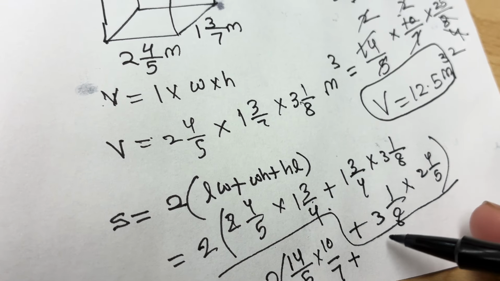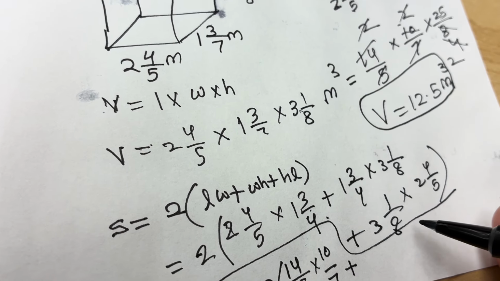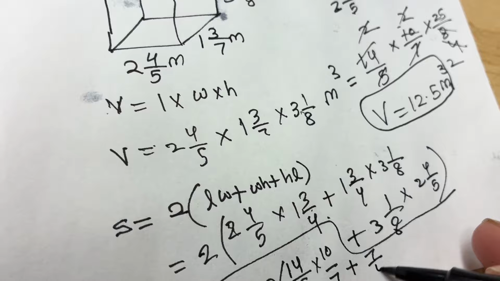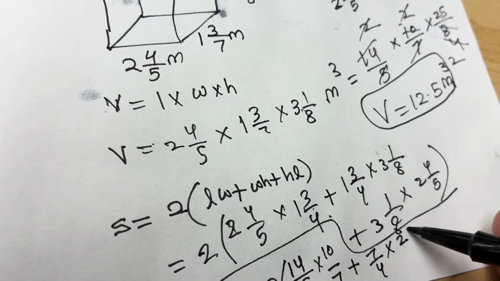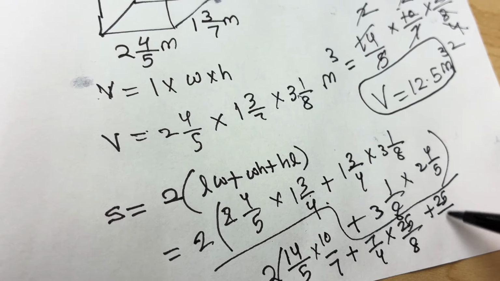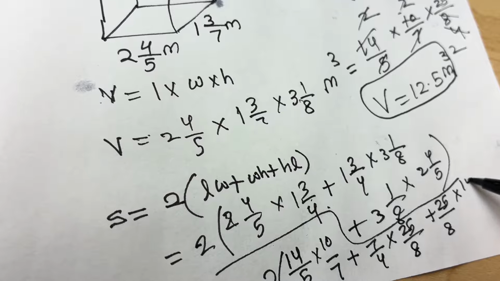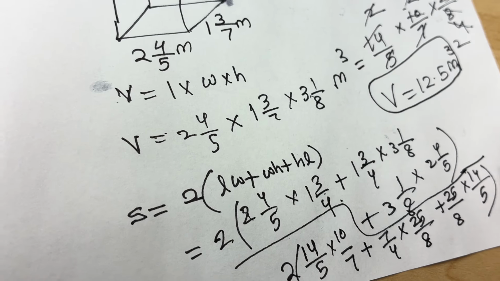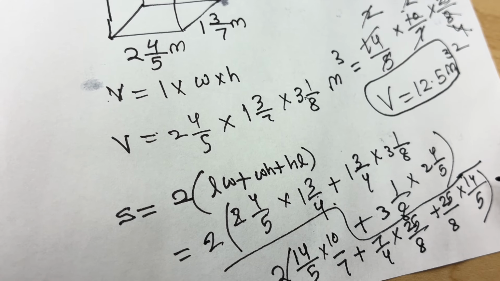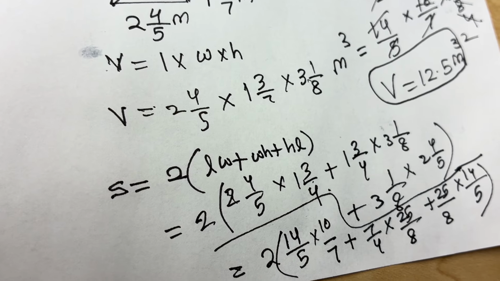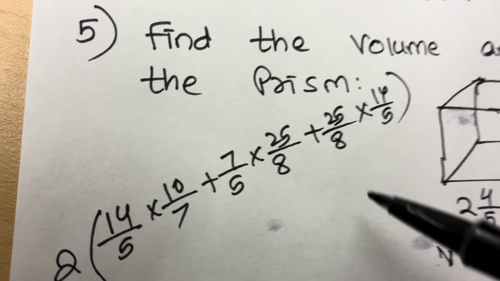Plus 1 3/7, which is 10/7 times 25/8, plus 25/8 times 14/5. So this would be my total value. I've rewritten the problem here.